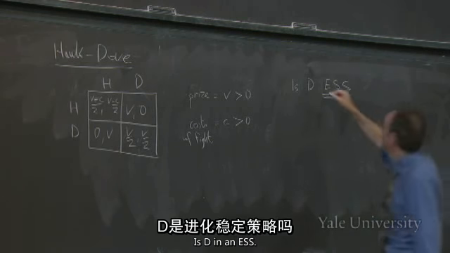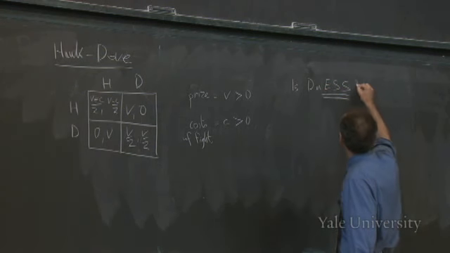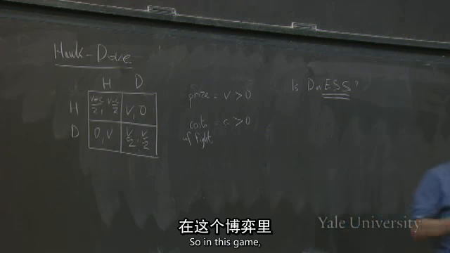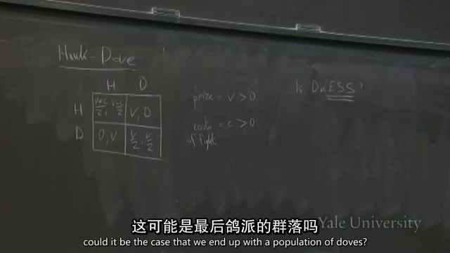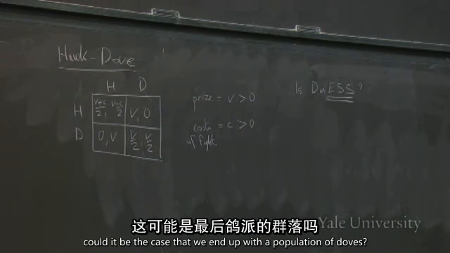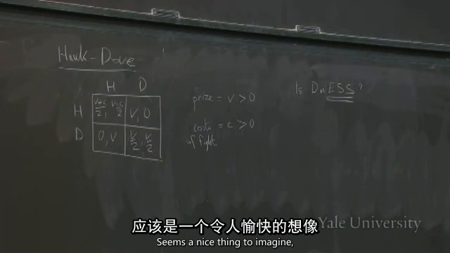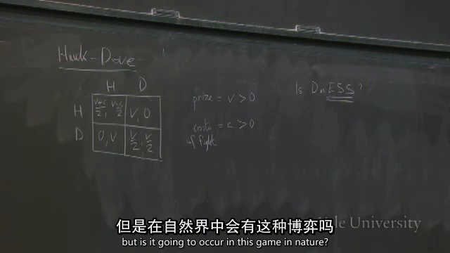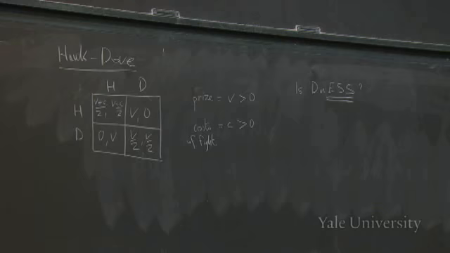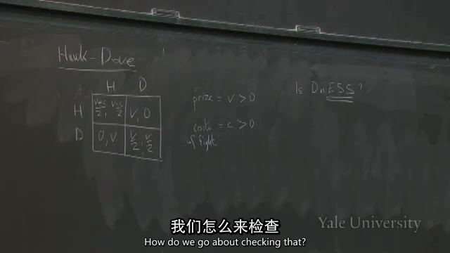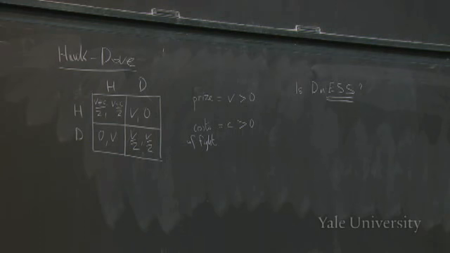Is D an ESS? All right, so in this game, could it be the case that we end up with a population of doves? Seems a nice thing to imagine, all right, but is it going to occur in this game in nature? What do people think? How do we go about checking that? What's the first step?